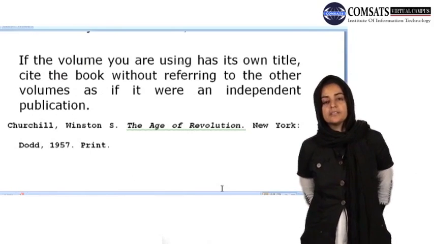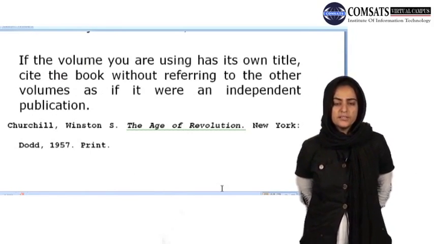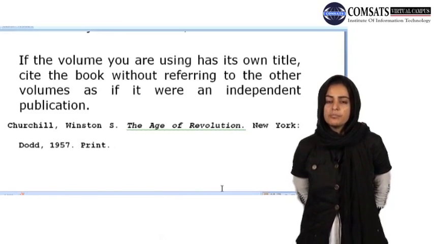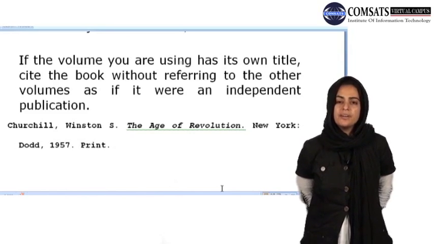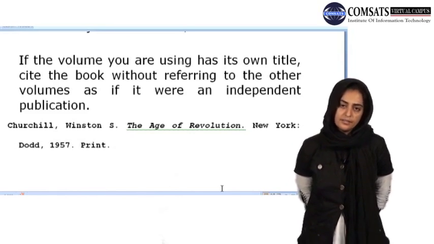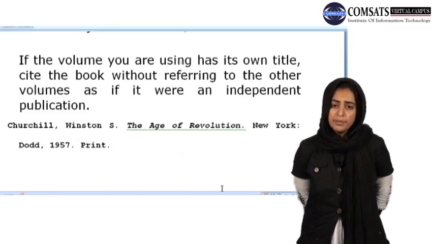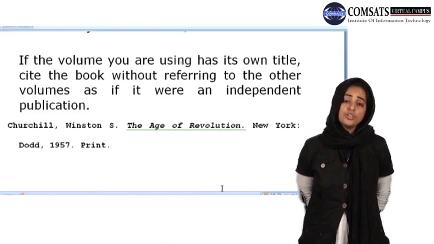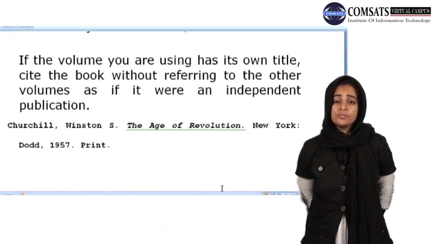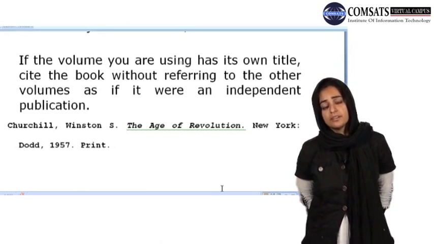Now, dear students, there is a situation in which, for example, there is a volume of the book, but that particular volume has a separate title of its own. That means if there is a book, A Big Mouse, and A Big Mouse Volume 1, Volume 2, Volume 3, Volume 4, and Volume 5.